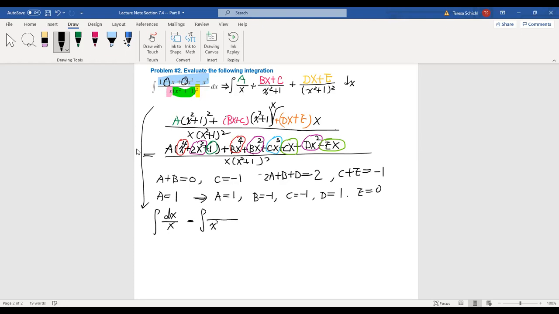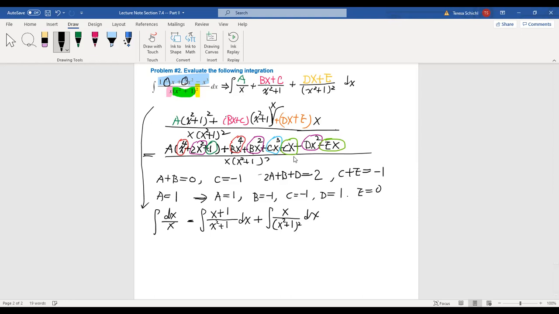So this is x squared plus 1, and bx plus c will be x plus 1. Okay, good, dx here. Now the last term is dx plus e over x squared plus 1 squared. Since e is 0, this is x over x squared plus 1, squared.